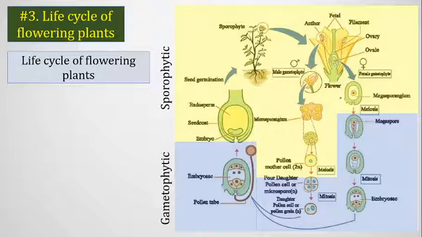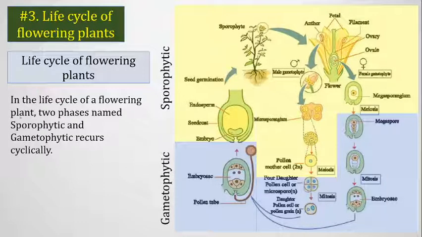This alternation of generation between the gametophytic and sporophytic states alters cyclically, generation after generation. That is why we say that in the life cycle of a flowering plant, the two phases recur cyclically, generation after generation in a plant.